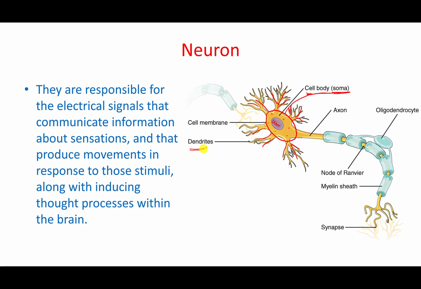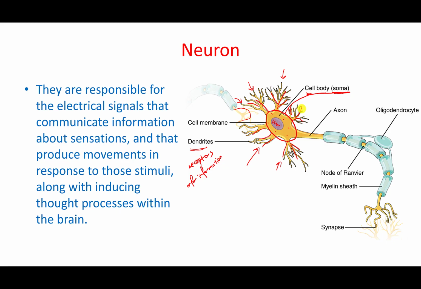And these dendrites work as receptors. They receive information from either other neurons or other structures. So, receptors for information.